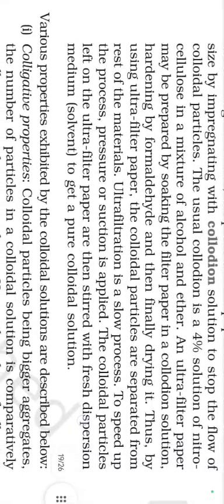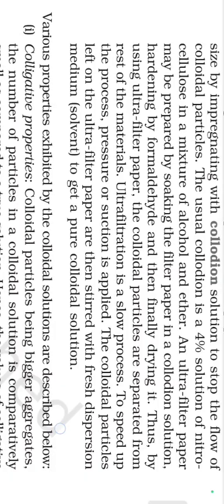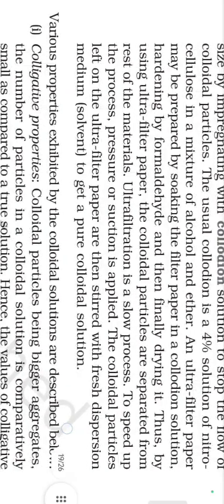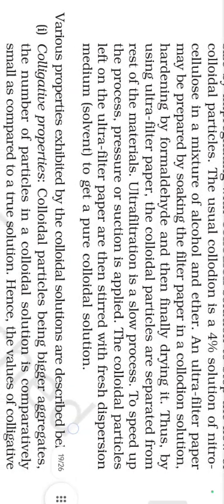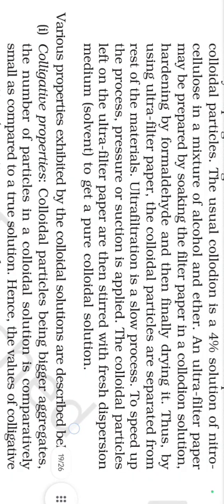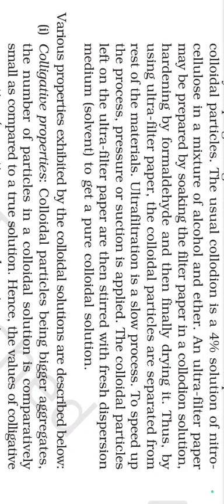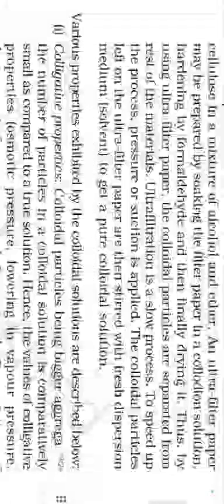However, the pores of filter paper can be reduced in size by impregnating with collodion solution to stop the flow of colloidal particles. The usual collodion is a 4% solution of nitrocellulose in a mixture of alcohol and ether.